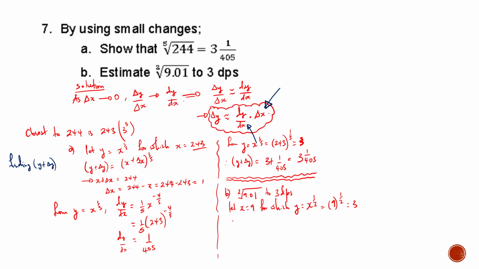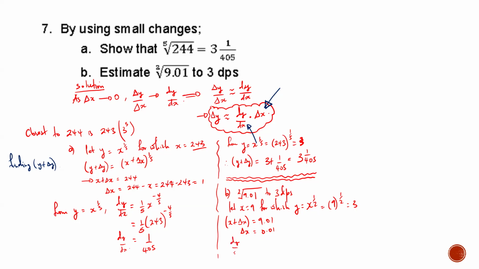So now the next thing we have to do is find delta x. From what we discussed in part A, we know that x plus delta x is going to be 9.01. So our delta x is going to be 0.01. The next thing we have to do is find dy dx.